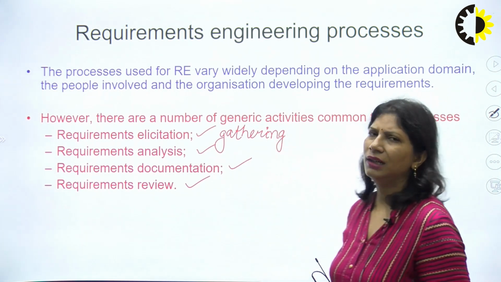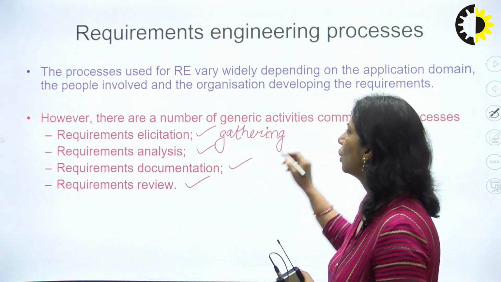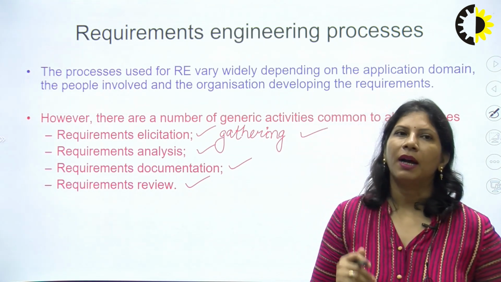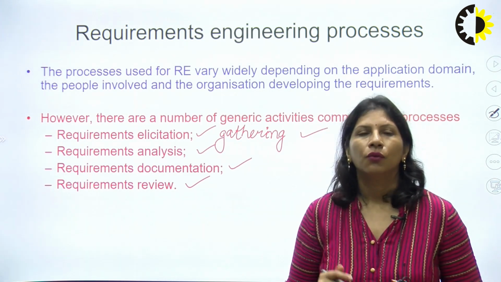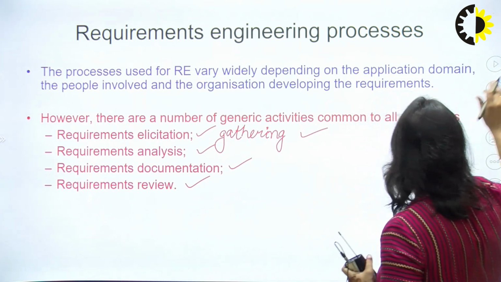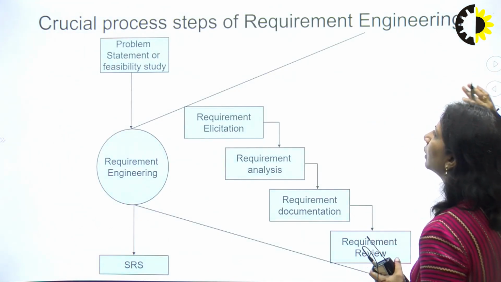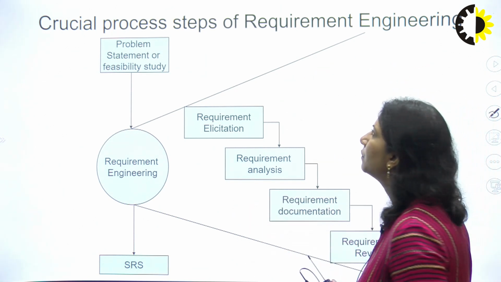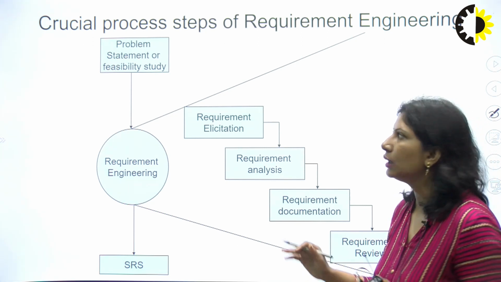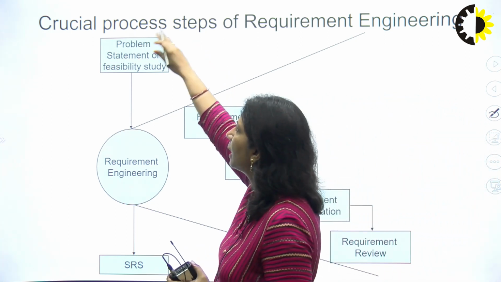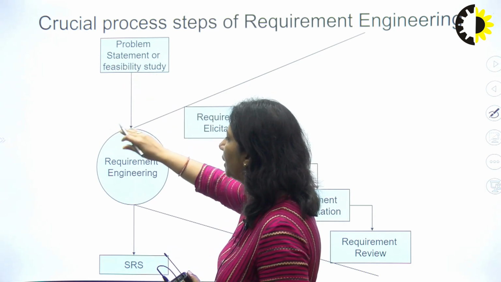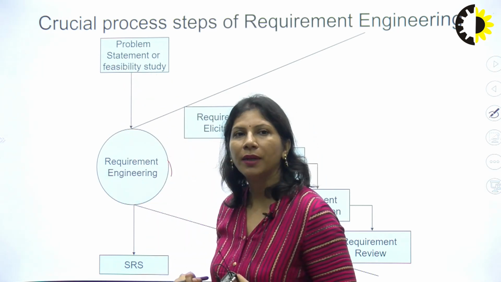In this lecture today, I am going to mainly focus on the various activities and methodologies involved in requirement elicitation. These are the steps which will be used for the requirement engineering process. Here it has been given the problem statement or the feasibility, which will be the input to requirement engineering.